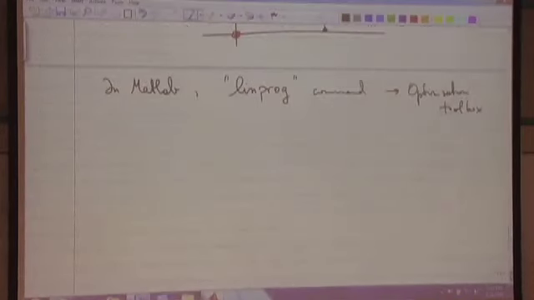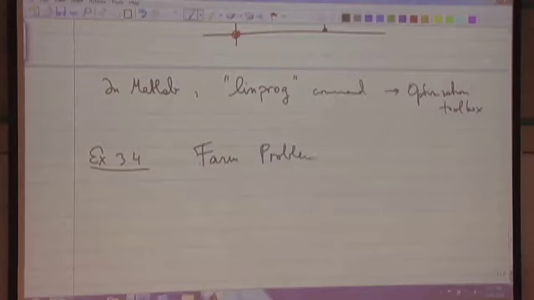So the example, I think it's called 3.4 in our book, and it's about a farm problem. It has 3 variables.